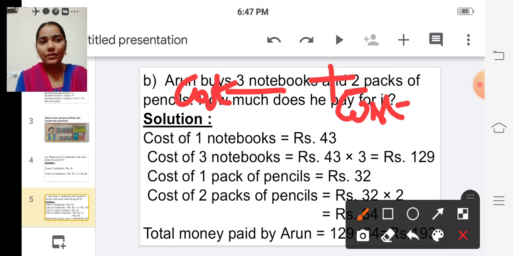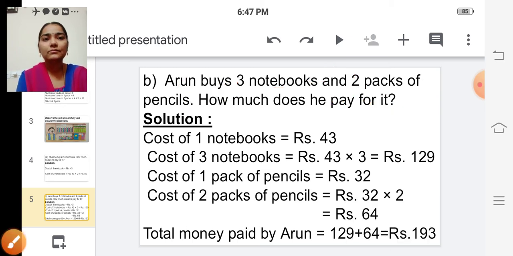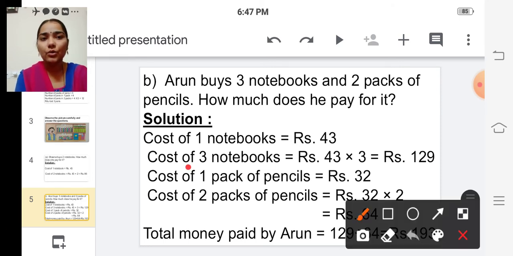So see the solution. Cost of 1 notebook is equal to rupees 43. It is given data. And we are going to find out cost of 3 notebooks.